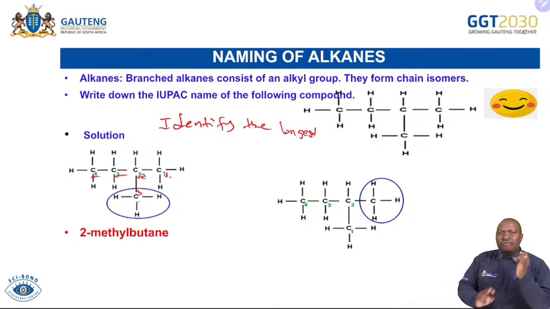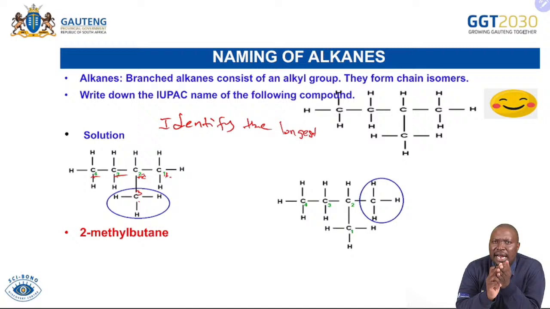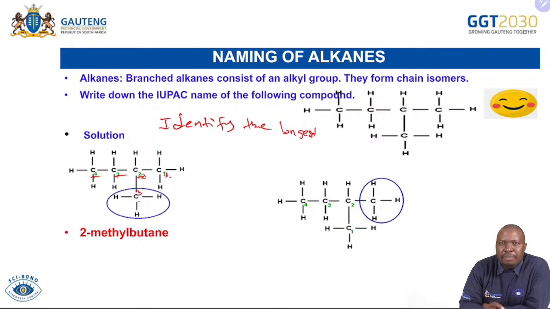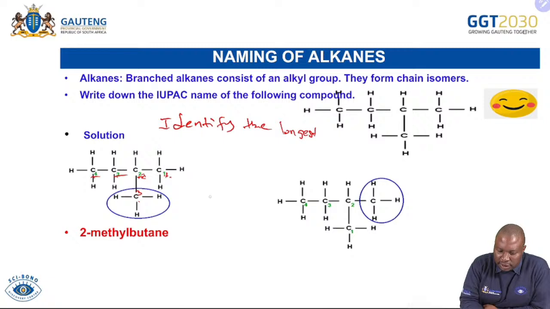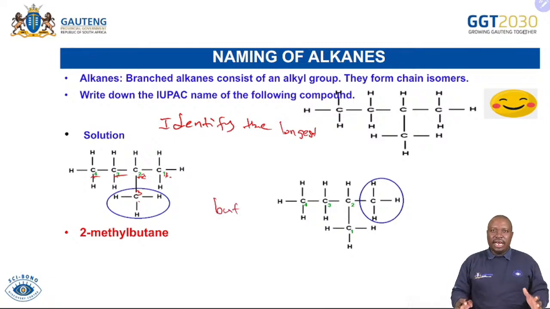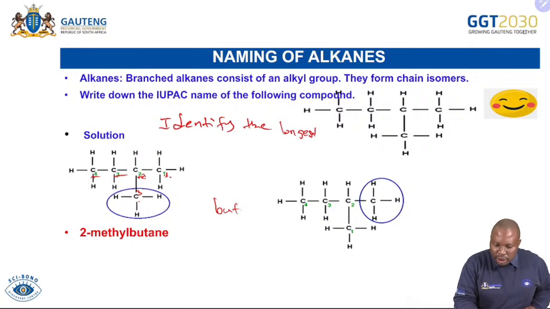Remember what we said for alkanes, alkenes, and alkynes. When we name, we'll say meth, eth, prop, but, pent, and hex. Because it's four carbons, you know it's a but. It's a but, which means four carbons, and it's saturated. When it's four carbons, saturated, and a hydrocarbon, you know it's an alkane, so it's butane.